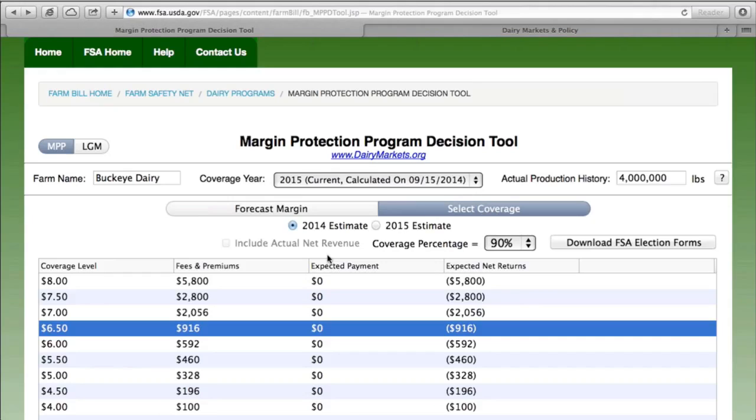Now, if you don't sign up for coverage in 2015, you don't get that percentage bump applied also in 2016. So in 2016, when they announced the next bump, you would only get that bump multiplied by your initial production history. So for some dairies, it's very important to think about the opportunity cost of missing out on that first bump up in 2015.